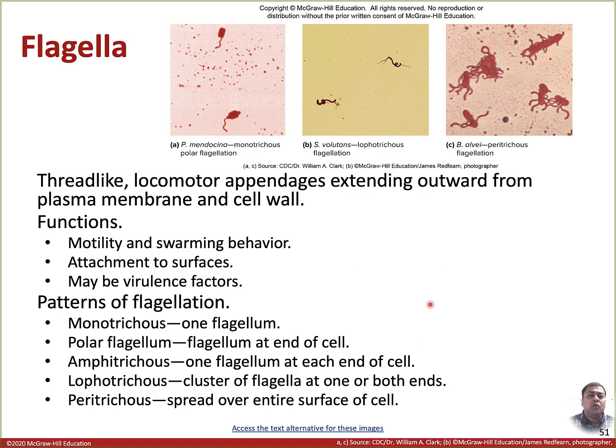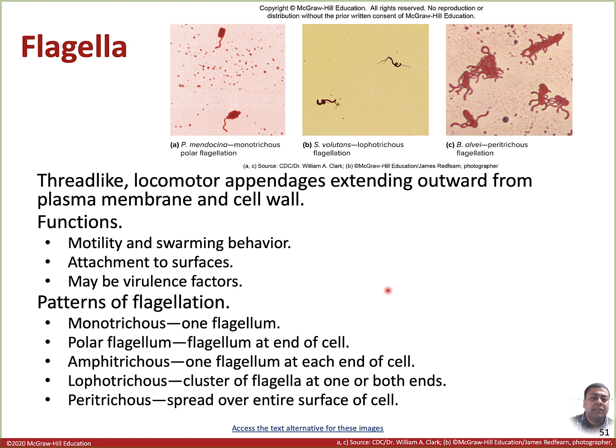Next we are looking at the flagella. Flagella are much larger and very complex structures, and they come in different varieties in how they are attached onto the cell surface. A thread-like locomotor appendage helps in motility, swarming, attachment to surfaces, and maybe is a virulence factor sometimes.